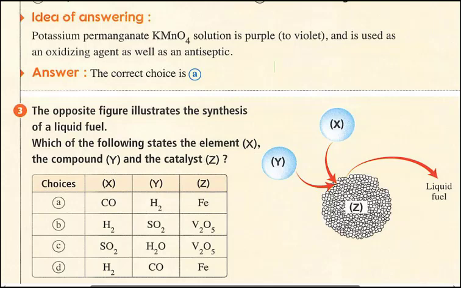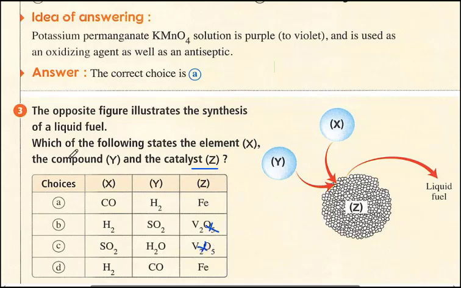We know that the catalyst here is iron. Iron is used to make a liquid fuel from carbon monoxide and hydrogen, which is the water gas. So this element, which is a catalyst here, is iron. So this is wrong and this is wrong.